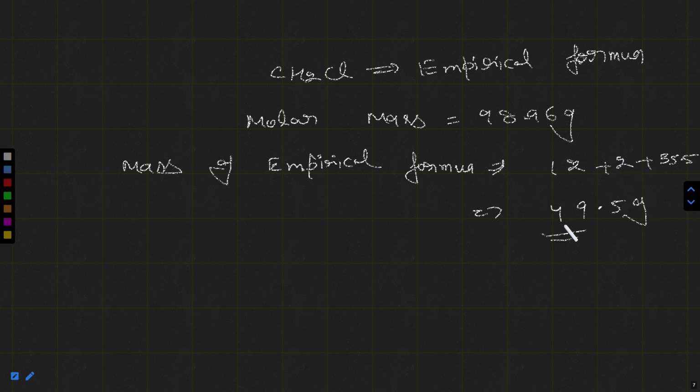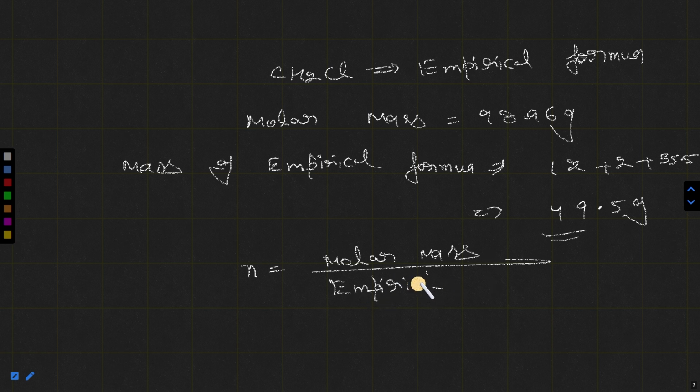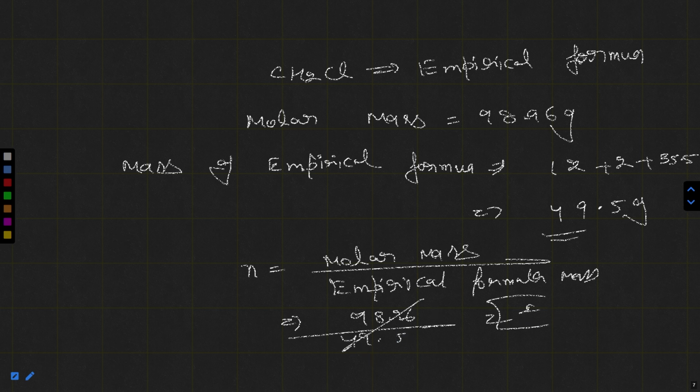49.5 gram. So what will be the value of N? It should be molar mass divided by empirical formula mass. 98.96 divided by 49.5, approximately we will get the value of 2.